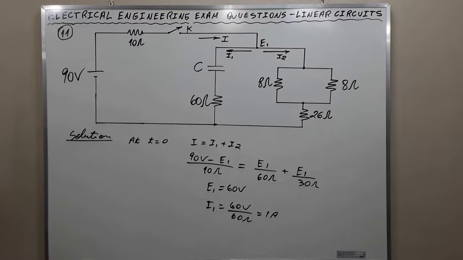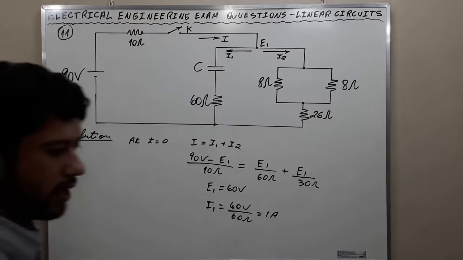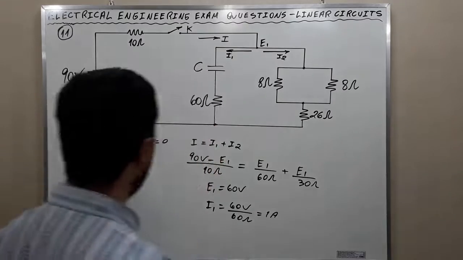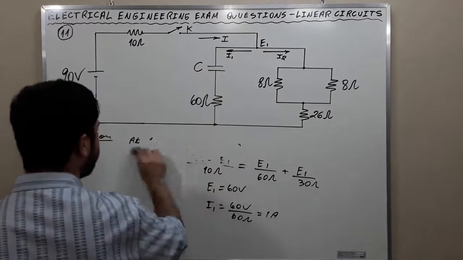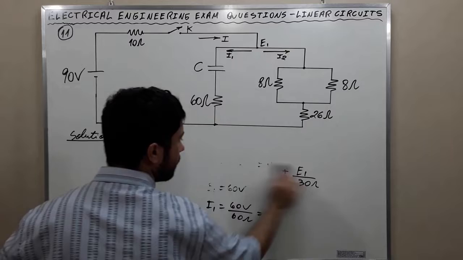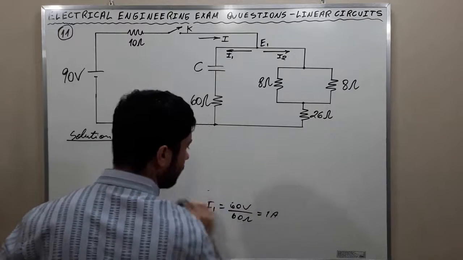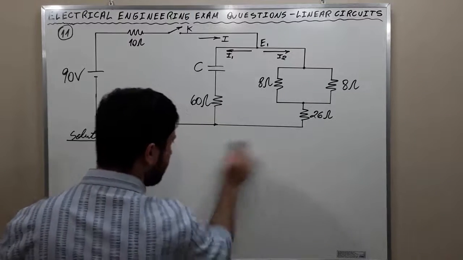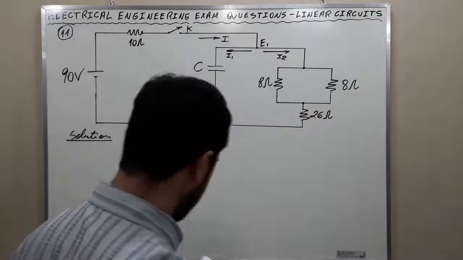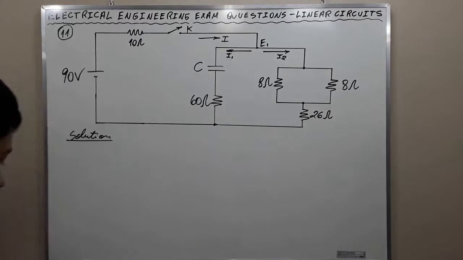Let's go to the second, to letter B. Let's raise here. What do we want in letter B? We want the current in steady state.